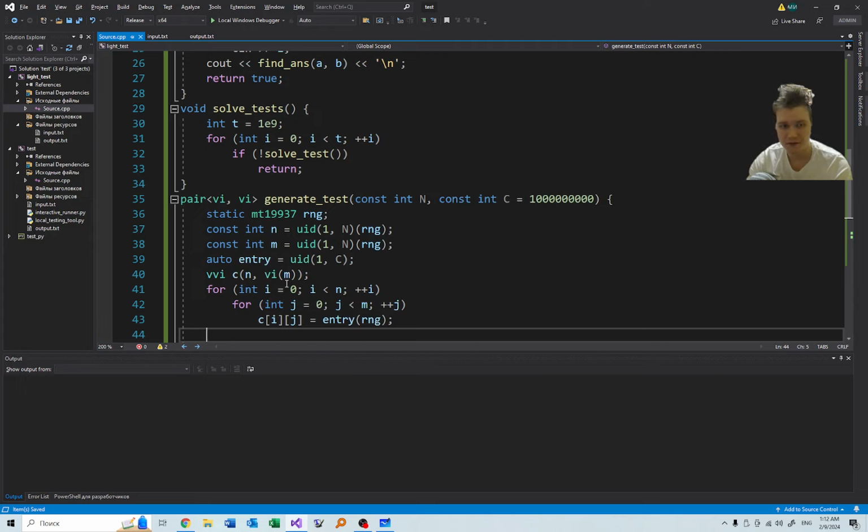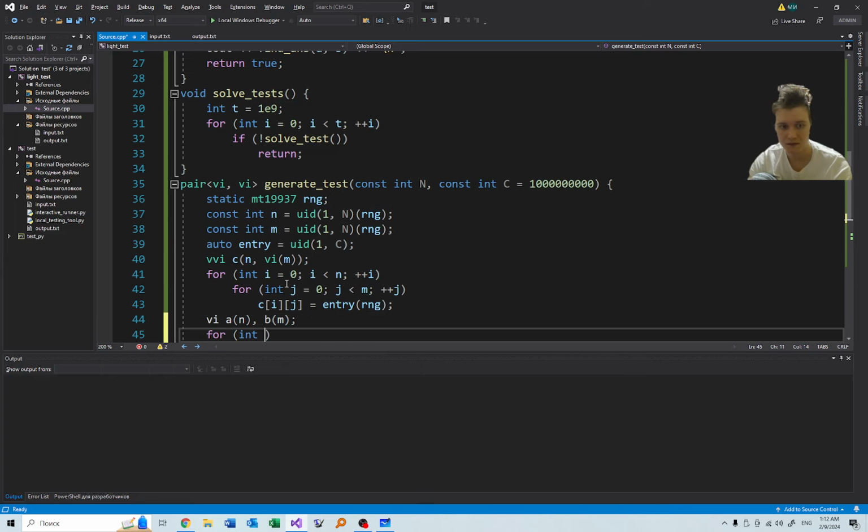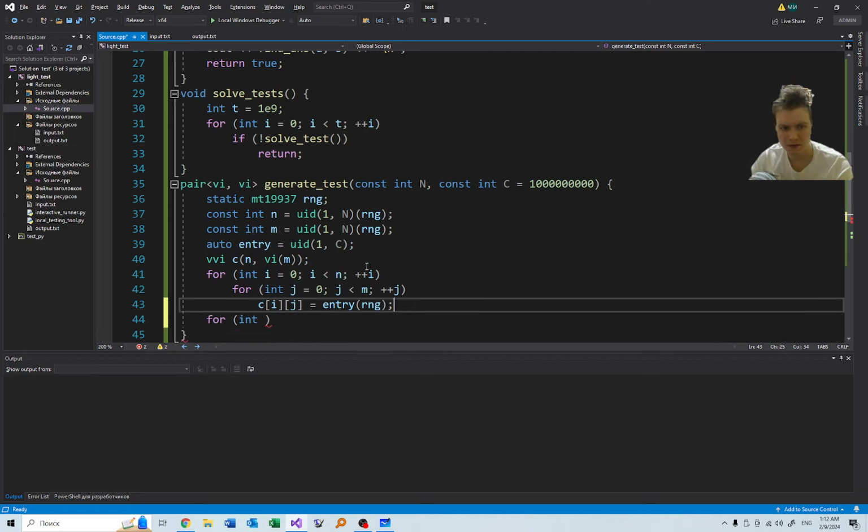Then let's fill the arrays A and B. And actually we can fill them here.